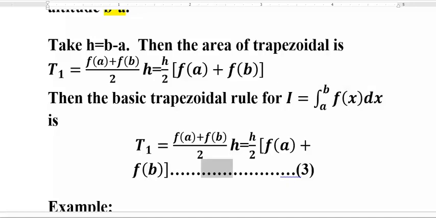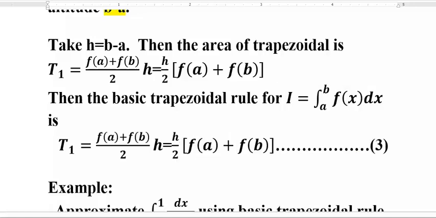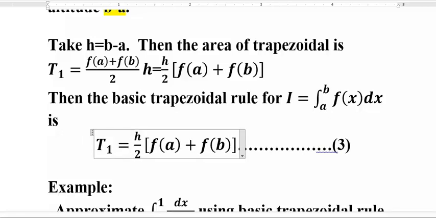T1 equals h over 2 times f of a plus f of b. This is the rule.